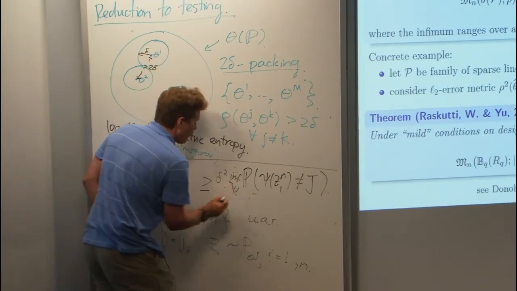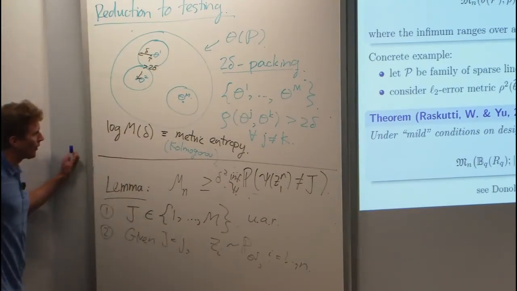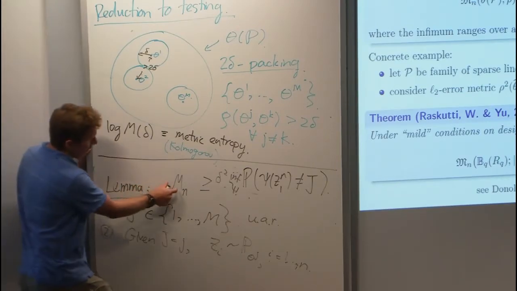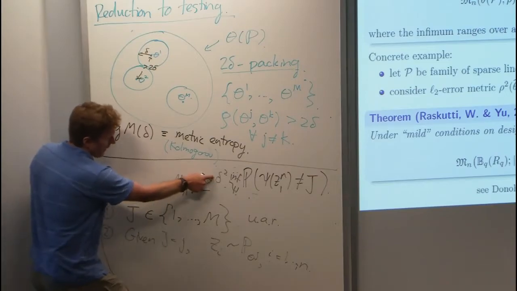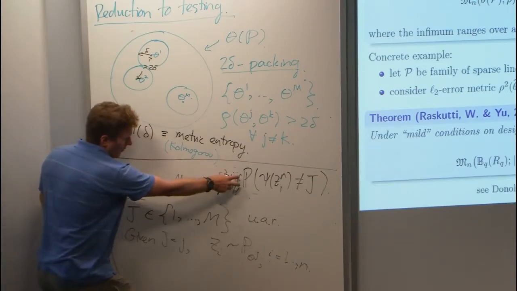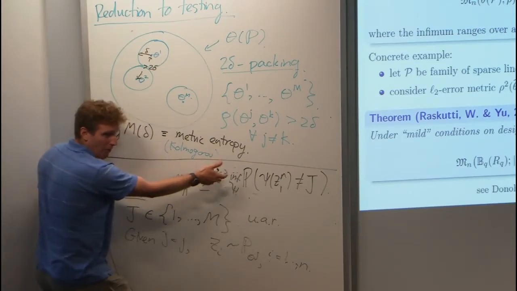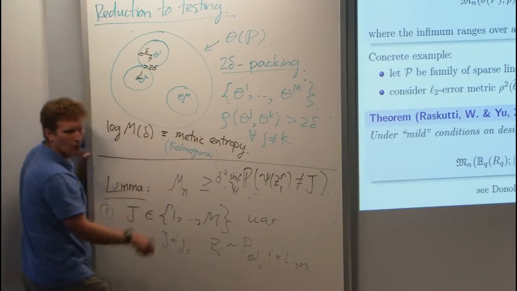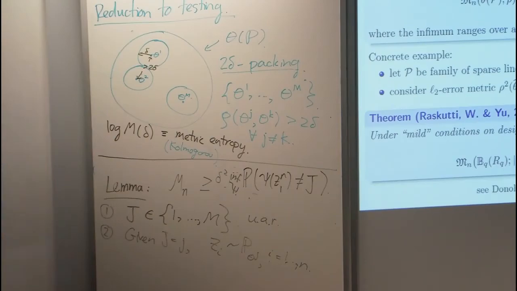So whatever test function you use, I have this lower bound here. So that's the reduction, because it says I can lower bound the minimax rate by delta squared times the probability of error. If I can make the testing problem hard enough that you fail at least half the time, then the minimax rate is lower bounded by delta squared over 2.